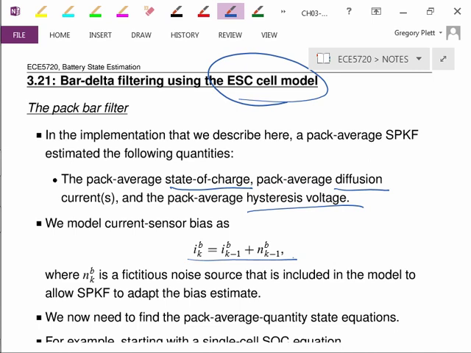And actually, what's really nice about the approach of this current sensor bias with the bar delta filtering is that there's only one current sensor in the pack, and so having only one bias estimate in the pack makes sense rather than having a bias estimate for every cell, which would not make sense.